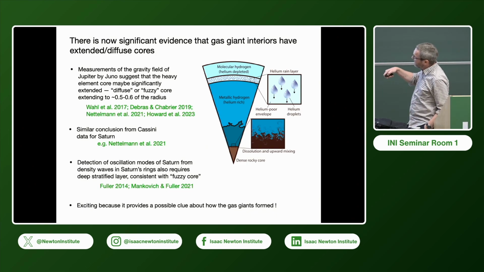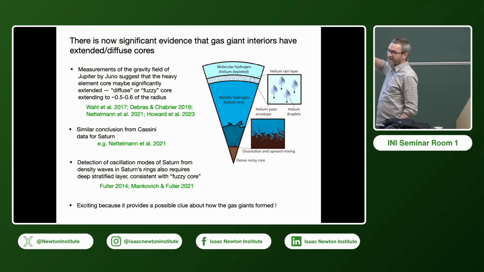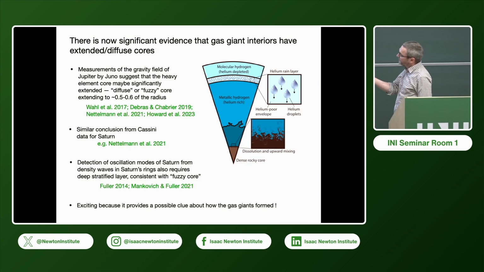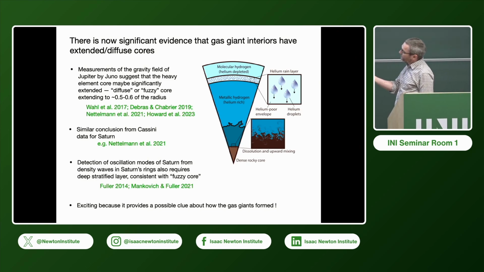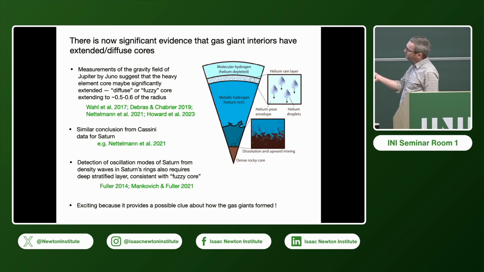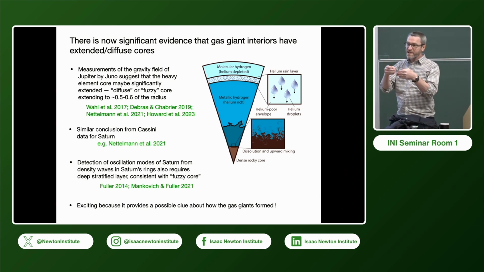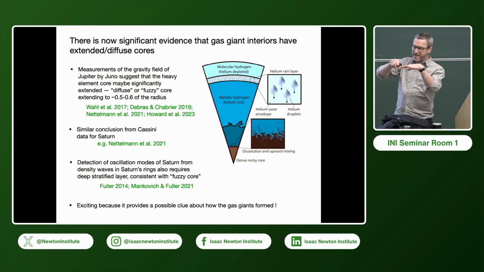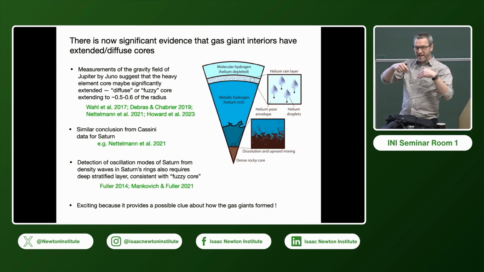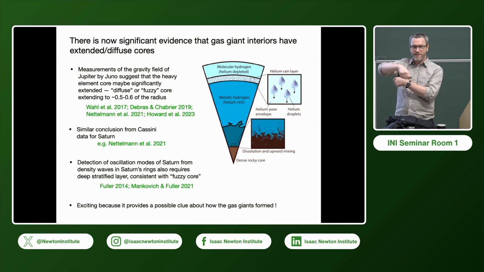And interestingly, there's the same conclusion for Saturn. So first of all, from gravitational moments again, but I think most interesting recently has been this detection of density waves in Saturn's rings, which are excited in resonance. So the density wave isn't in Saturn's rings, but it's excited by a resonance with internal waves in Saturn. And so by modeling the frequencies of the internal waves in Saturn, you can make a match here with the density waves in the rings.